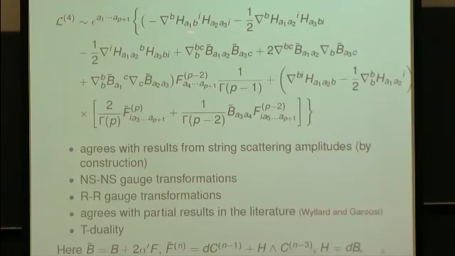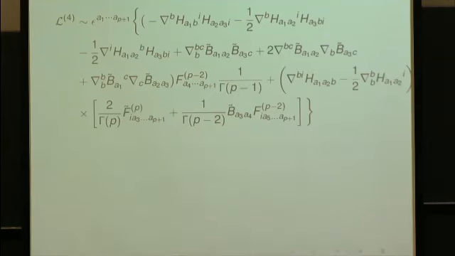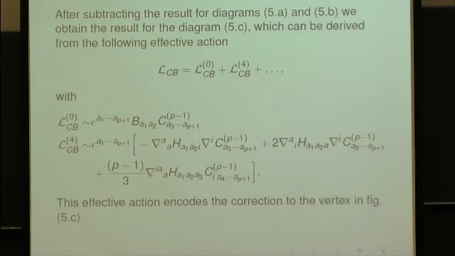Under NS-NS gauge transformations, the result depends only on H, on dB, over here, or it depends on B tilde, which is the gauge invariant combination of B and the U1 gauge field on the brane. And it can be written in terms of the Ramond-Ramond field strength like this, so that invariance under Ramond-Ramond gauge transformations becomes obvious, which may not have been obvious from a formula like this.